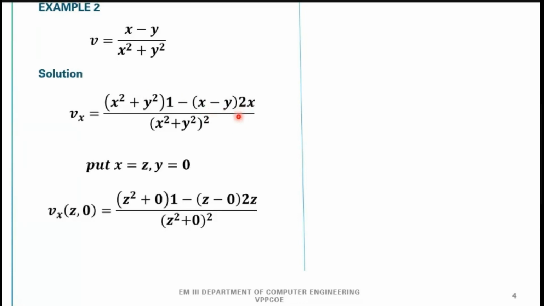So z square minus 2z square is minus z square upon the denominator, that is equal to minus 1 upon z square. So Vx at the point z comma 0 is minus 1 upon z square.